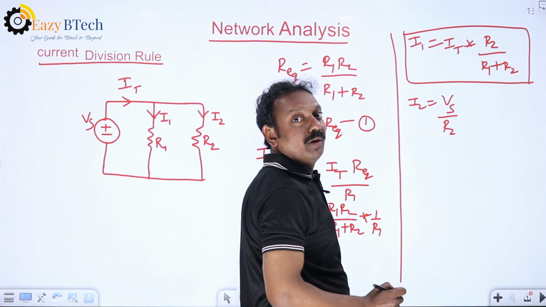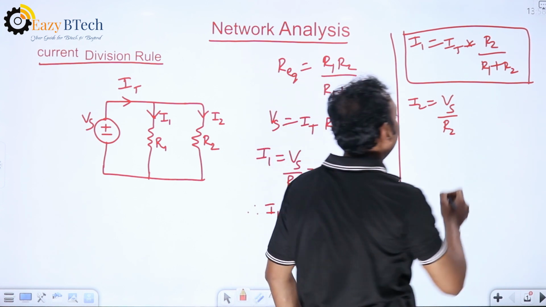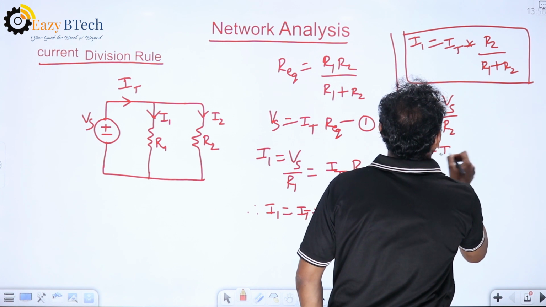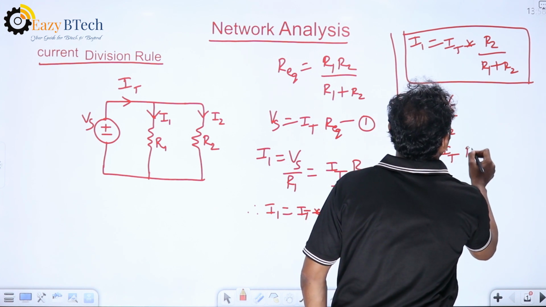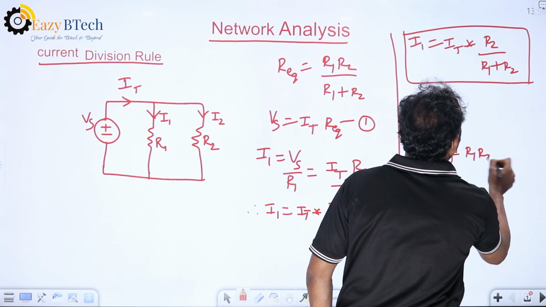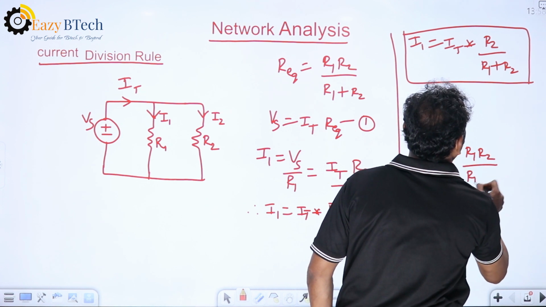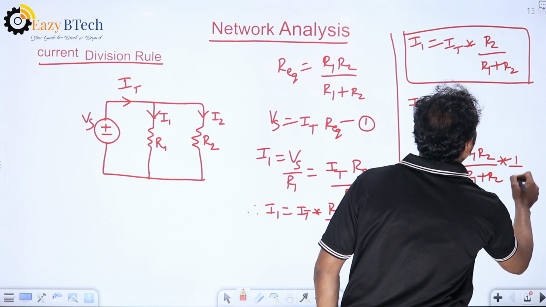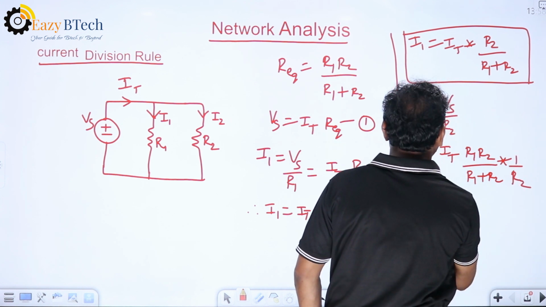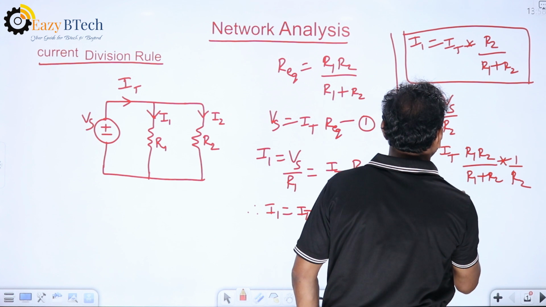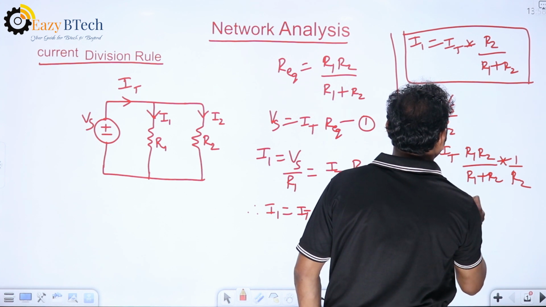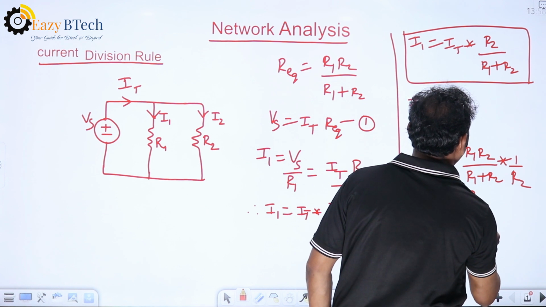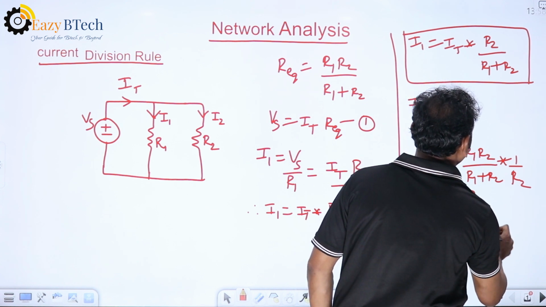What is the Vs value? I total into R equivalent value R1 R2 divided by R1 plus R2 into 1 by R2. So we'll get I2 equal to I total into R1 divided by R1 plus R2.